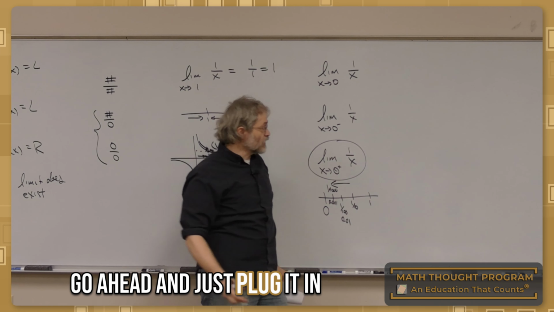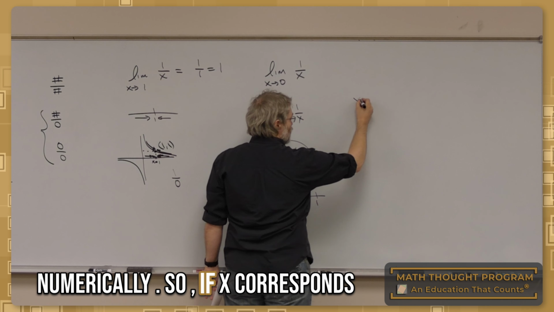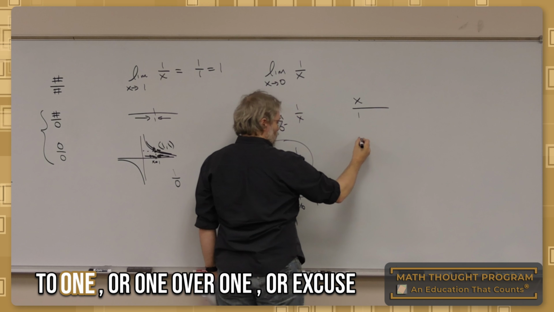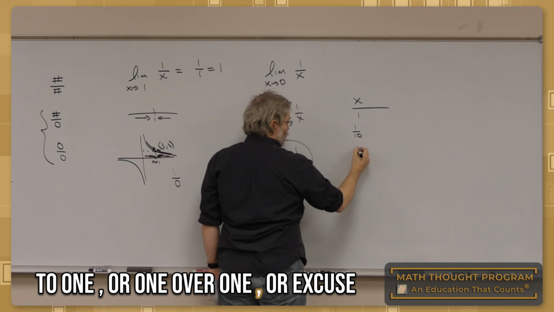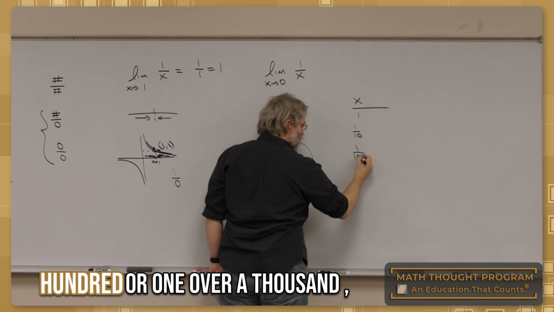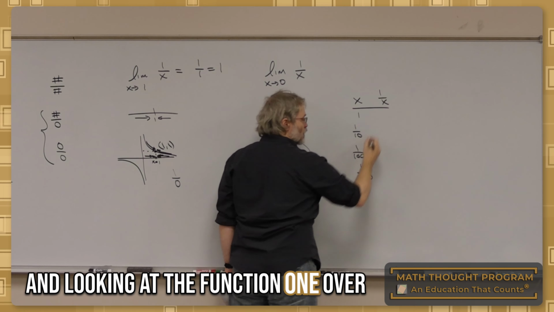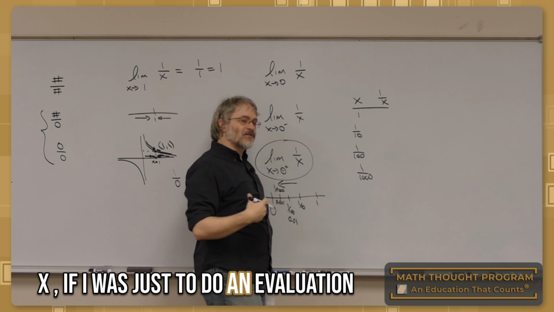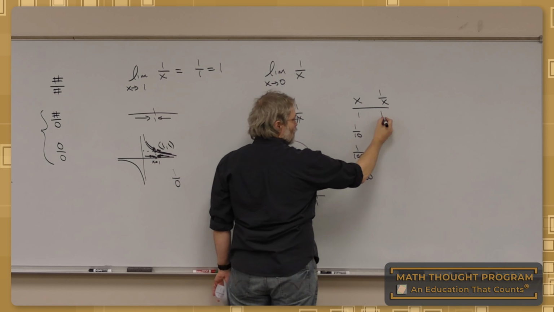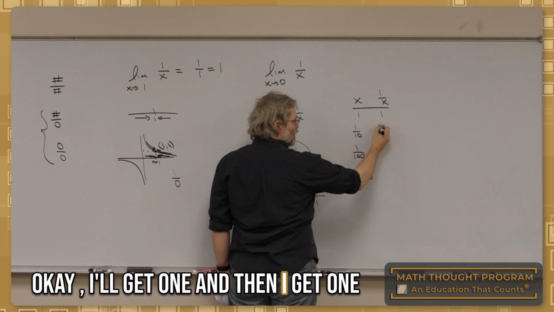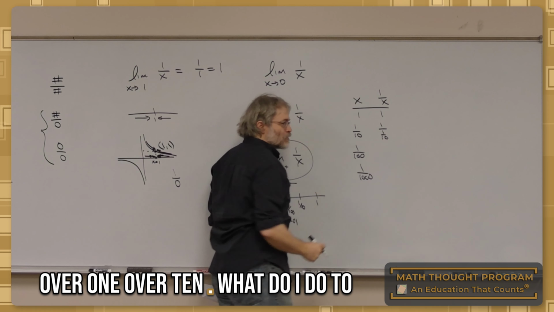And let's go ahead and just plug it in numerically. So if x corresponds to 1, or 1 over 10, or 1 over 100, or 1 over 1,000, and I'm looking at the function 1 over x, if I was just to do an evaluation, okay, I'll get 1, and then I get 1 over 10.